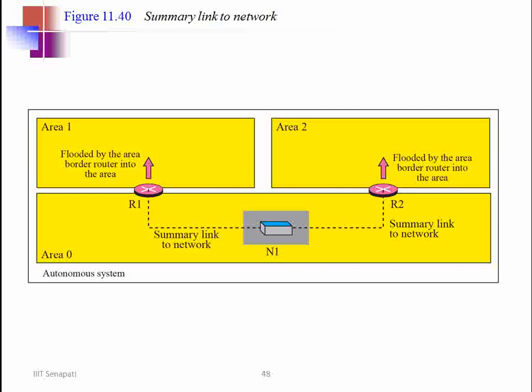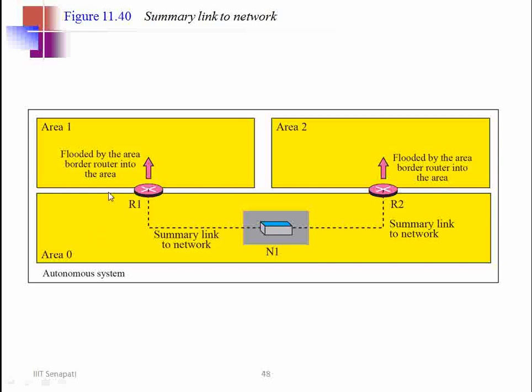So here in this example what you can see is router R1 is an area border router, right? Now it will have two routing tables, one for area 1 and one for area 0.